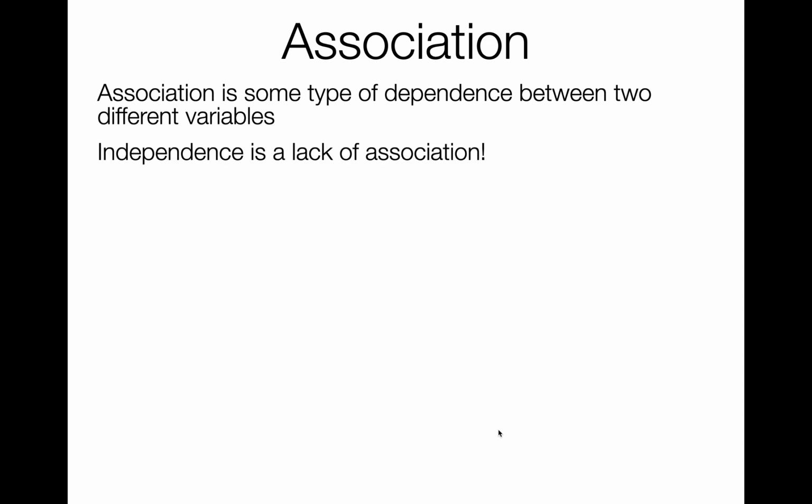Great. Okay. Independence is a lack of association. So we've got these two which are opposites of each other. Independence is nice in statistics for a number of reasons that we won't get into in this course.